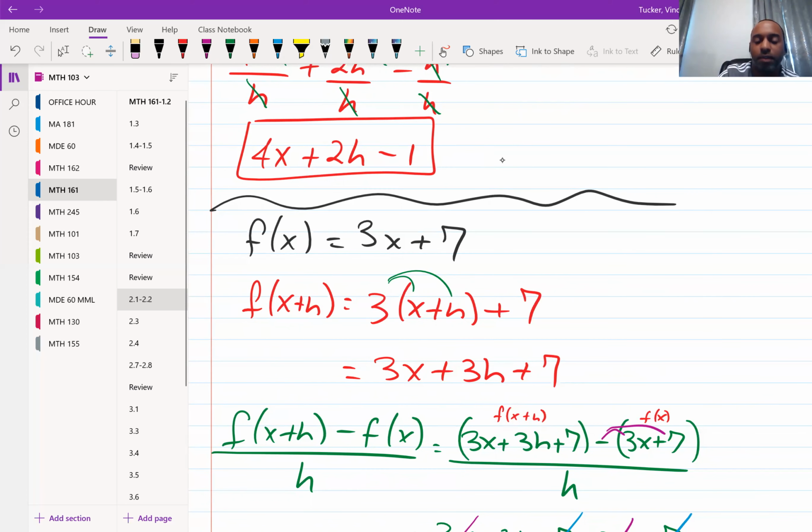We see 3x cancels and the 7 cancels, leaving us with 3h over h, and that's just 3. Any problems?